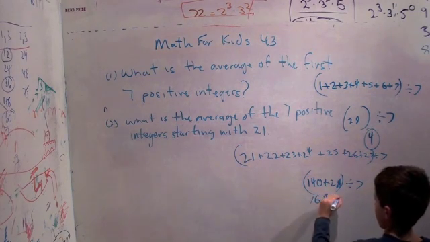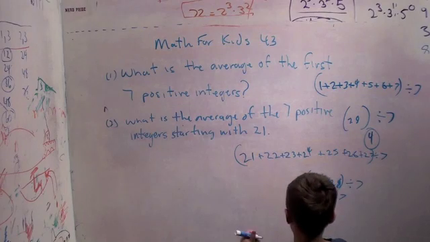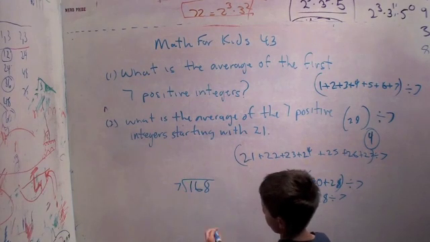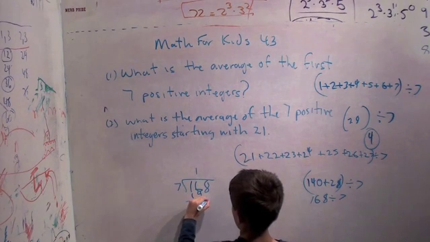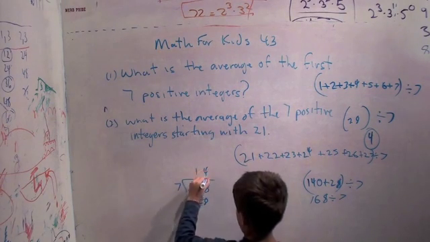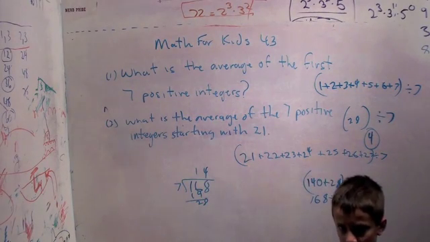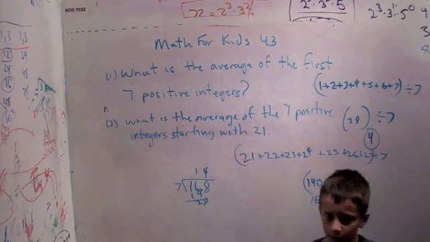168 divided by 7. I'm going to do long division for that. Do it over there under the 2 for the second problem. Okay, 7 goes into 16 once. That's 14... Well, 7 times 10 is 140, and plus 7 times 4 is 28.